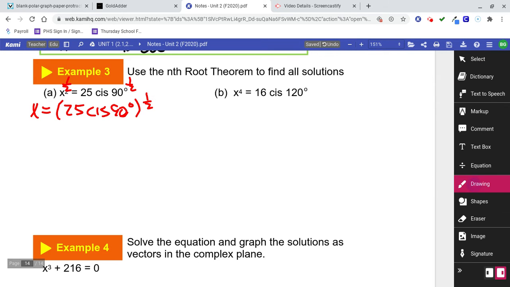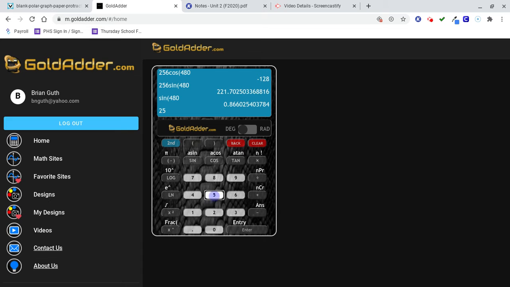So we do what we do with DeMoivre's. We're going to take this 25 to the 1/2 power, and then we're going to multiply 1/2 times 90. And so if you're going to type in 25 to the 1/2 power on your calculator, make sure you use parentheses. 1/2 has to be in parentheses, otherwise it's only getting the first power.